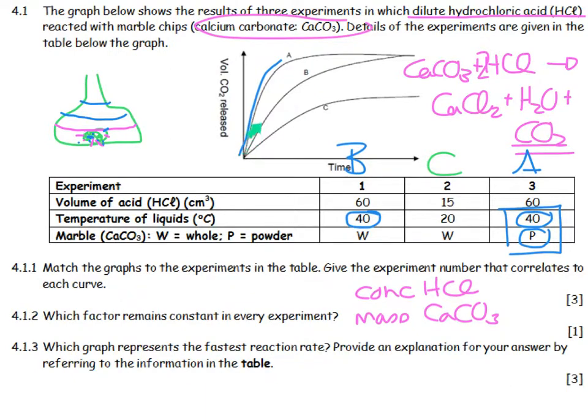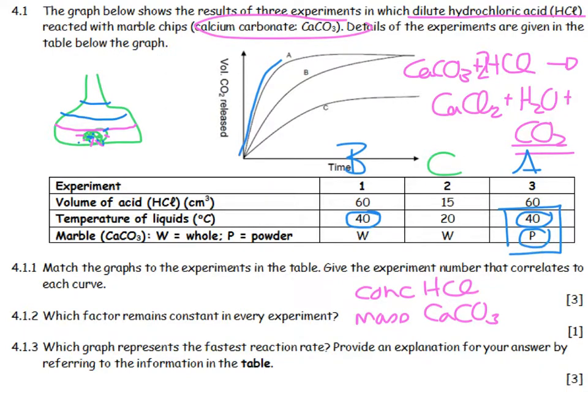So the fastest reaction rate is going to be graph A. And the reason it's going to be graph A is because we can see that it is representing the highest temperature and the greatest state of division.